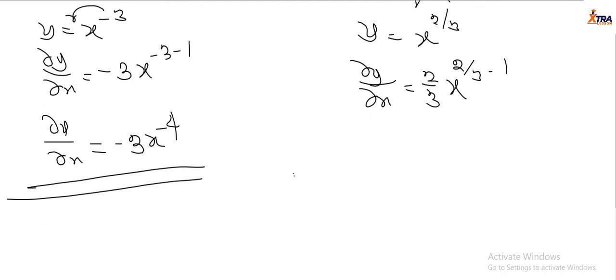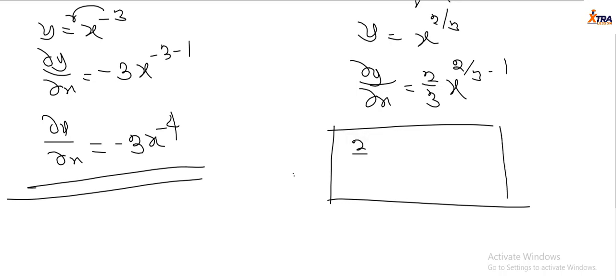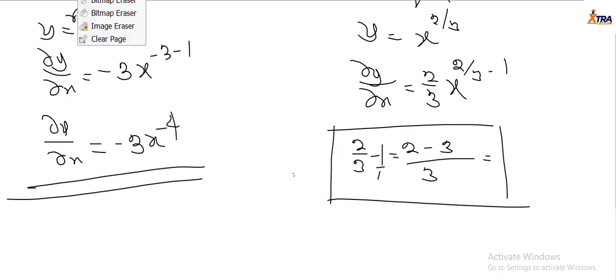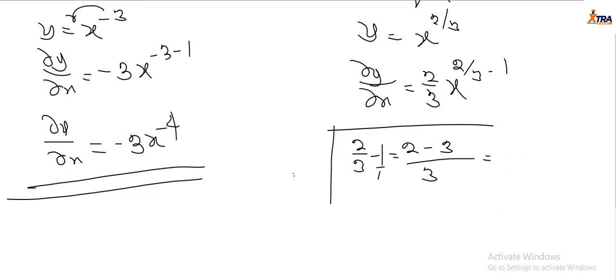Let's simplify the fraction. We have 2 over 3 minus 1, which is, this is over 1. We have the LCM as 3. We have 3 into 3 is 1, so we are having 2, minus 1 into 3 is 3, 3 times 1 is 3. So which is equal to minus 1 over 3.